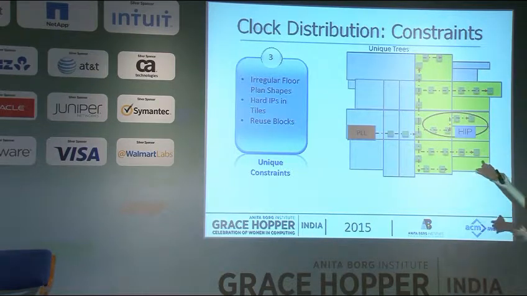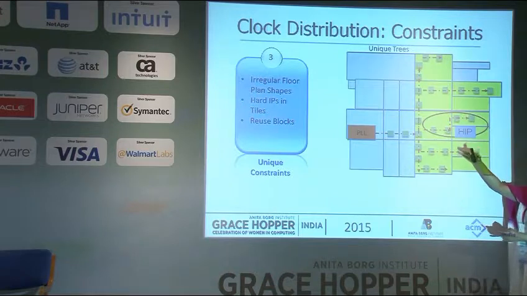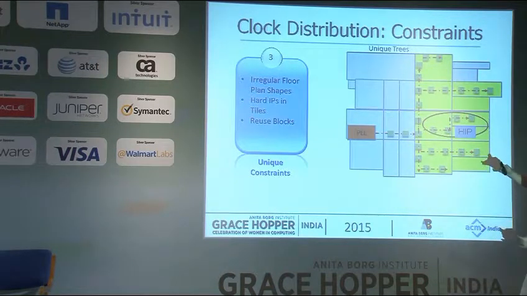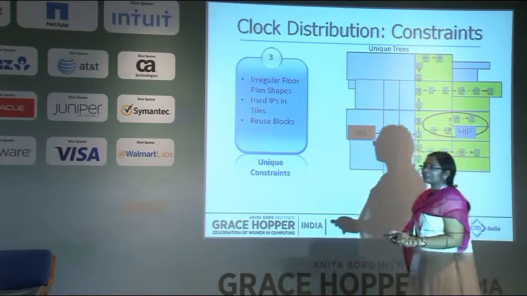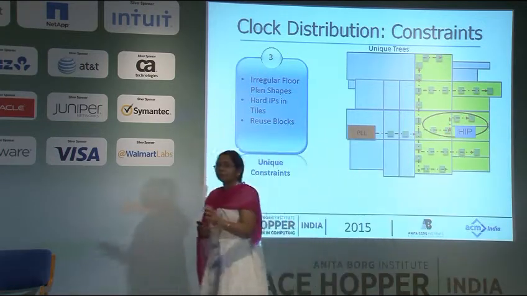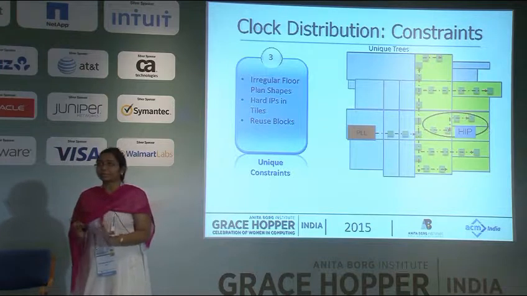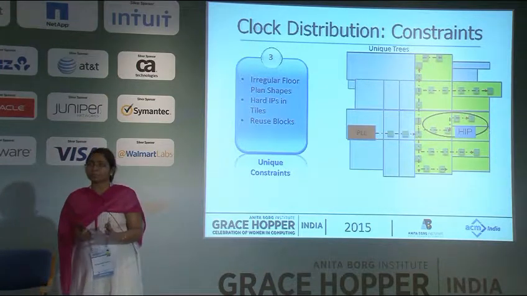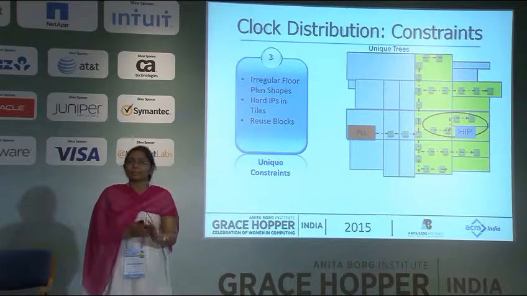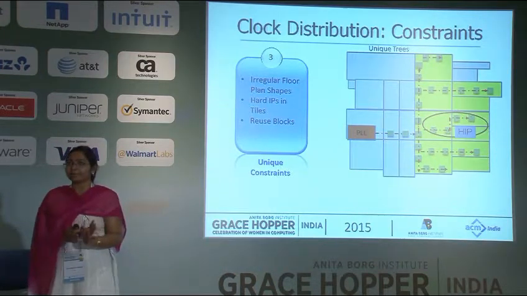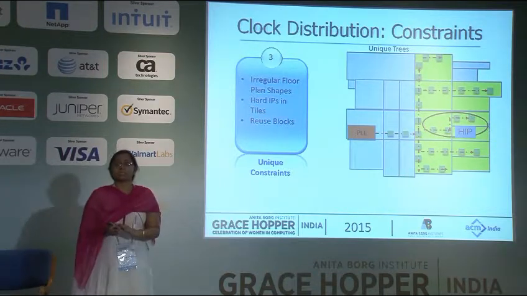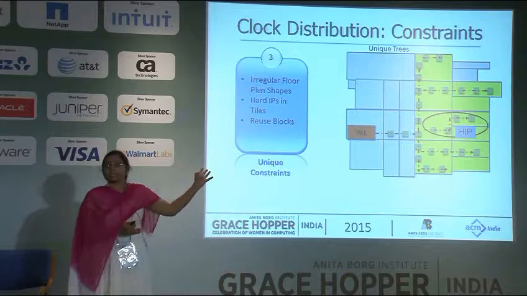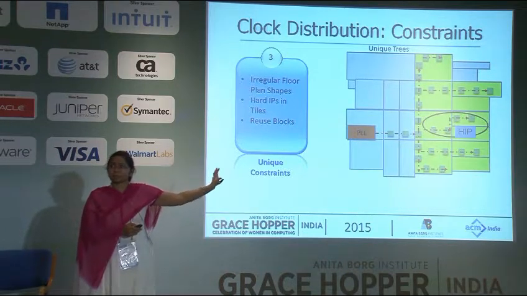It means we have already designed trees by matching all the things, and if we need to move, we have to rework on that. So all these constraints make us invest resources. If multiple SOCs are executing in parallel, more resources are required, because one person handles one tree, and the same trees can't be used for the other SOCs, because it basically depends on the floor plans of the SOC.